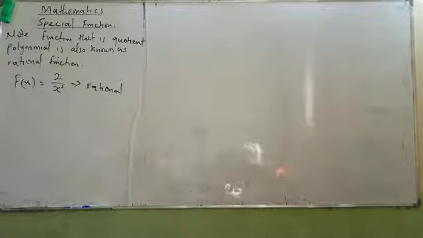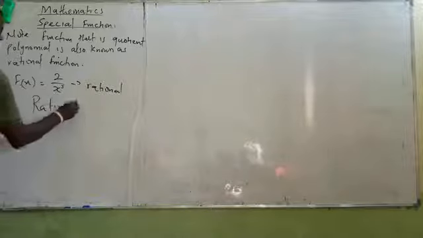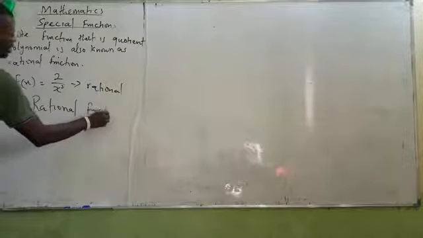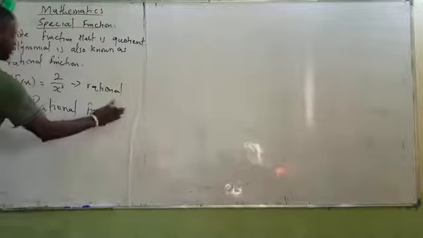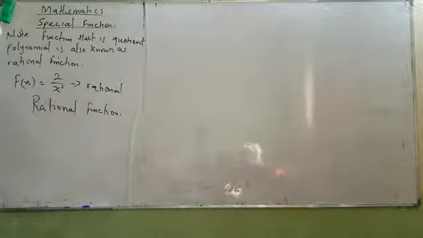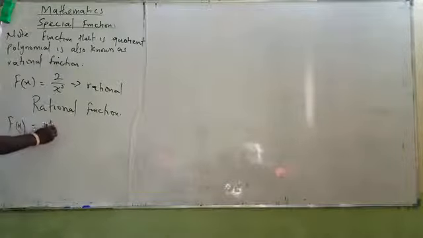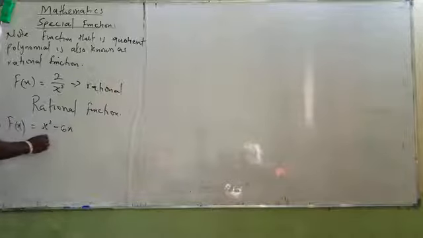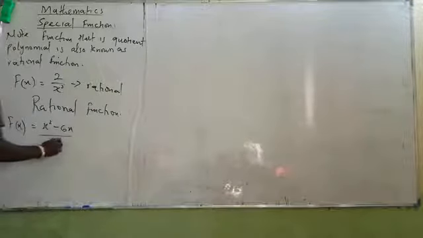It's also known as what? Rational function. Now when we talk about rational functions, listen to me. Rational functions are functions where my f of x can be equal to, say, x squared minus 6x divided by x plus 5.